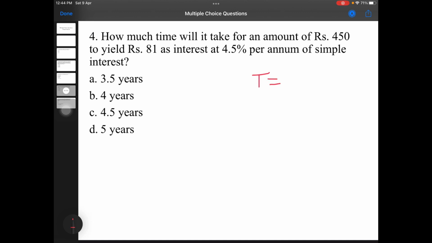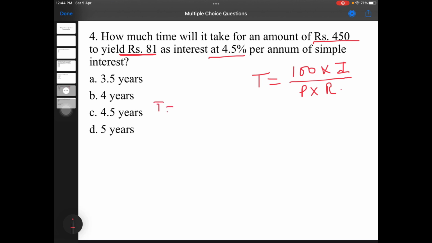The formula for finding the time period is 100 multiplied by simple interest divided by principal amount multiplied by rate of interest. The simple interest is 81 rupees, the principal amount is 450 rupees, and the interest rate is 4.5% per annum.